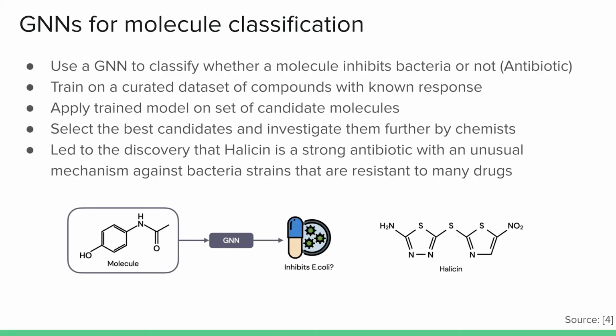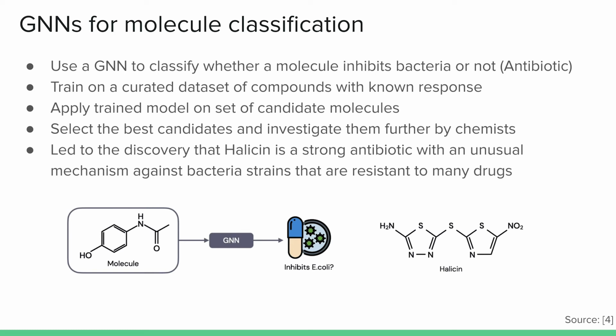One thing I haven't talked about so far is what are some of the real-world applications where these graph neural networks could be used, and potentially have already been used successfully. One example that is very interesting and was very hyped, so to speak, was graph neural networks for molecule classification.